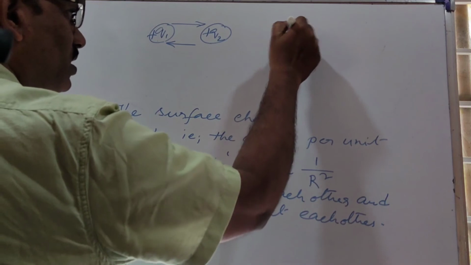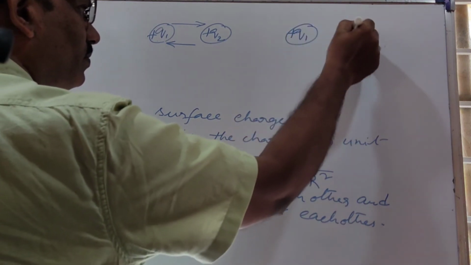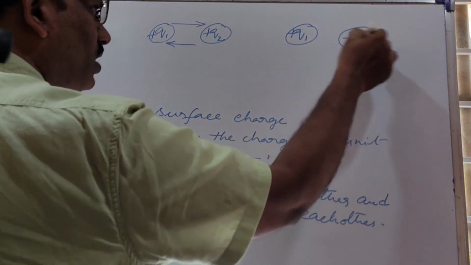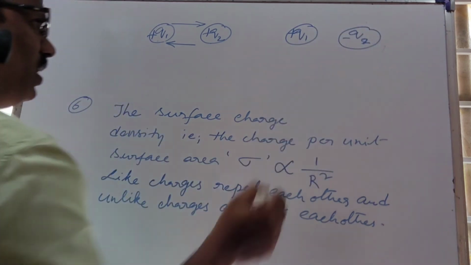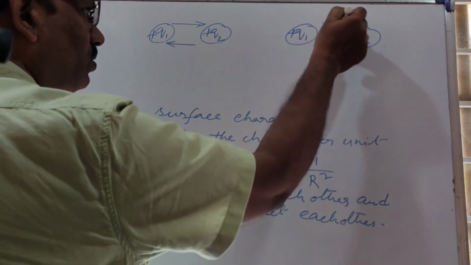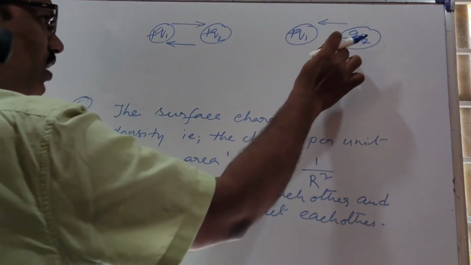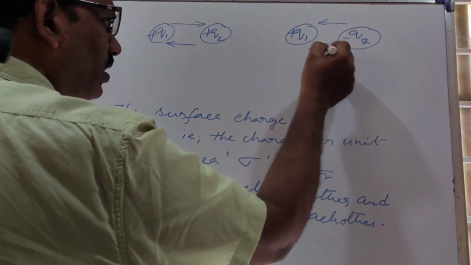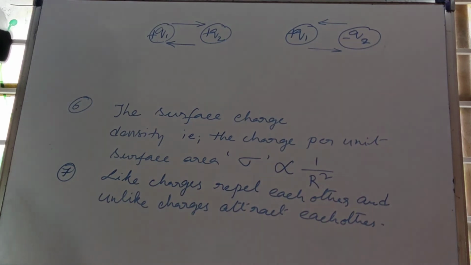If the two charges are unlike charges, then it will attract: q1 will attract q2 in this direction, and q2 will attract q1 in this direction. Okay? So like charges repel each other and unlike charges attract each other.